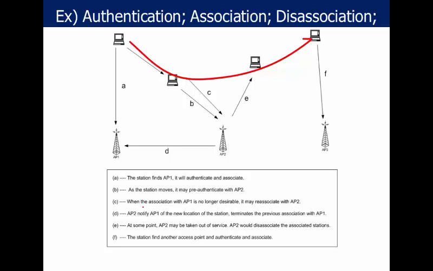So we have a cell tower. You don't have to say cell tower, simply access point. So we have three access points: access point 1, access point 2, and access point 3. Now you are driving while you are working on your laptop. So this is your laptop, and you drive in this path.